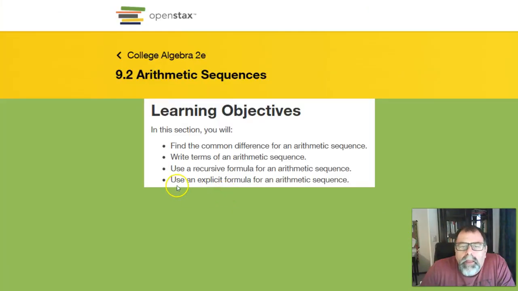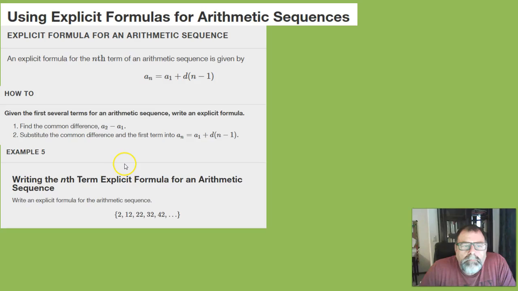All right, and then the last learning objective, use an explicit formula for an arithmetic sequence. Okay, so the explicit formula for the term we have already discussed, but here it is again, A sub n. So the general term, or the nth term, is given by, you take the first term, you add d times n minus 1.